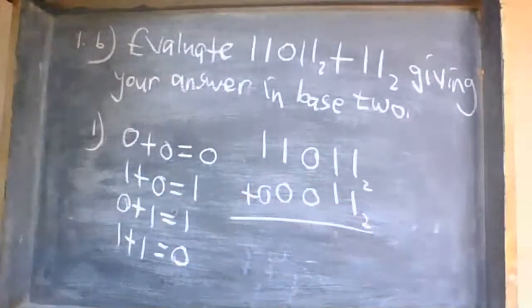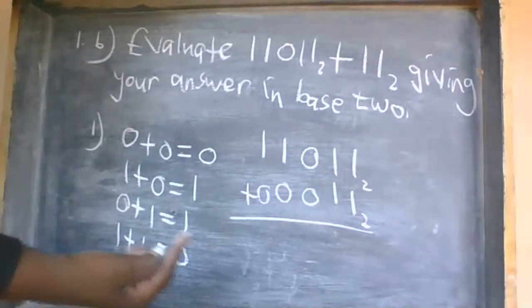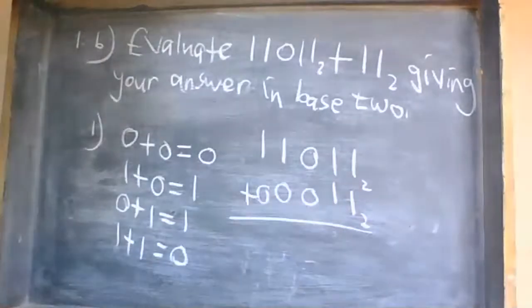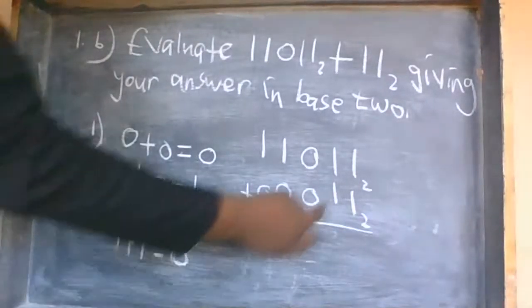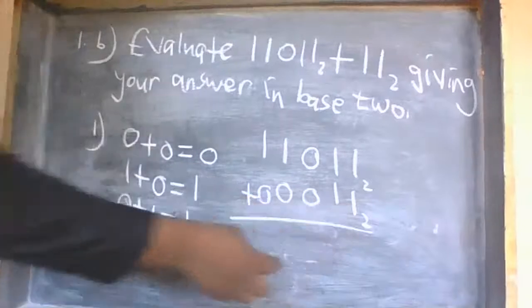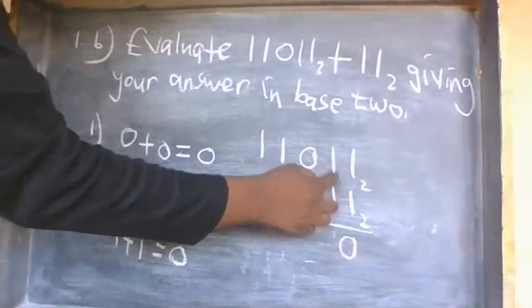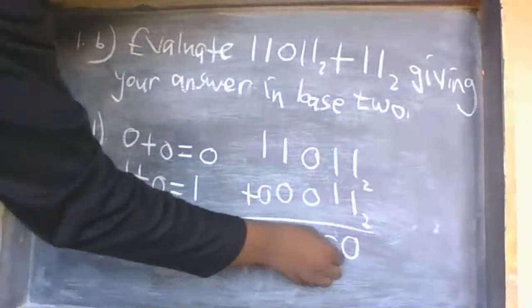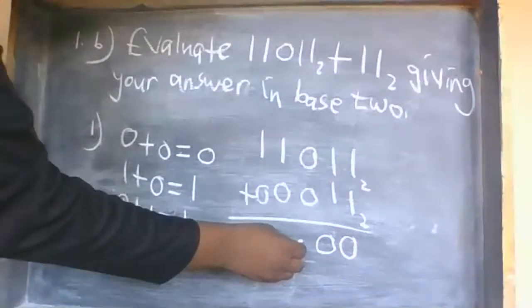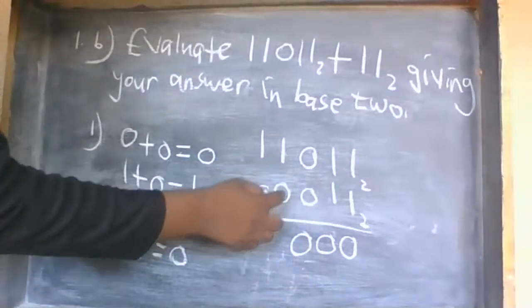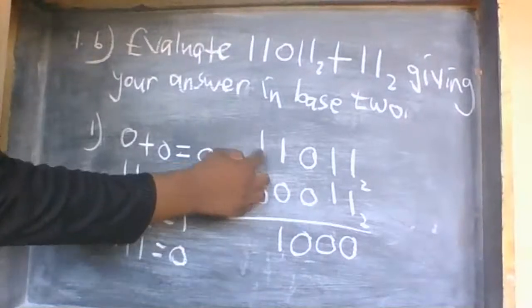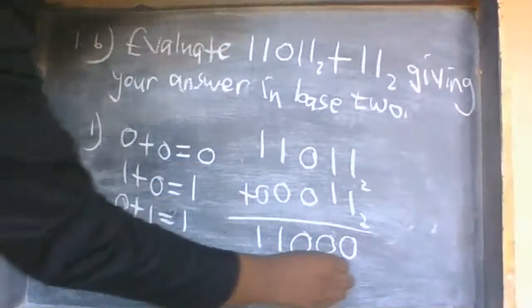We always add like any other number, starting from the right going to the left. 1 plus 1, according to these rules, is 0. 1 plus 1 is 0. 0 plus 0 is 0. 1 plus 0 is 1. 1 plus 0 is 1. Base 2.